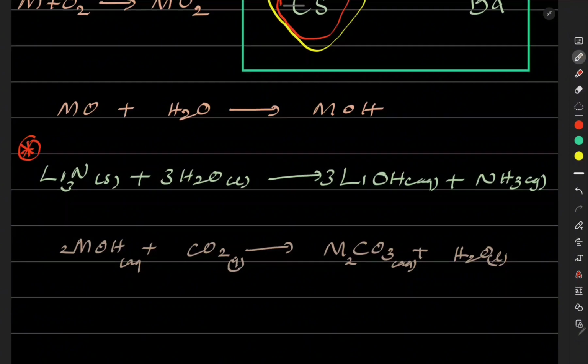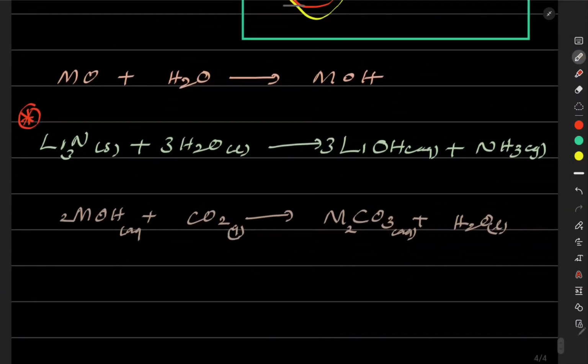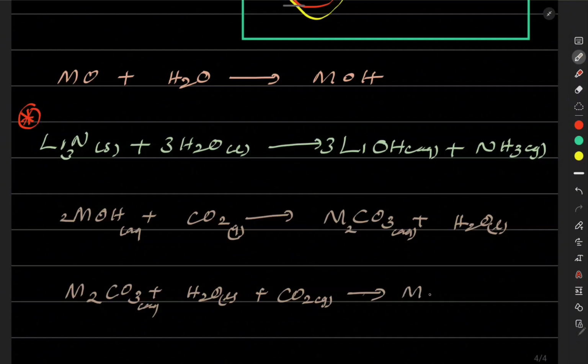And if we allow those metal carbonates to react with water and CO2, they form metal bicarbonates. M2CO3 plus H2O plus CO2 forms metal bicarbonates, which are solid. Two should balance the reaction. Now the reaction is balanced.